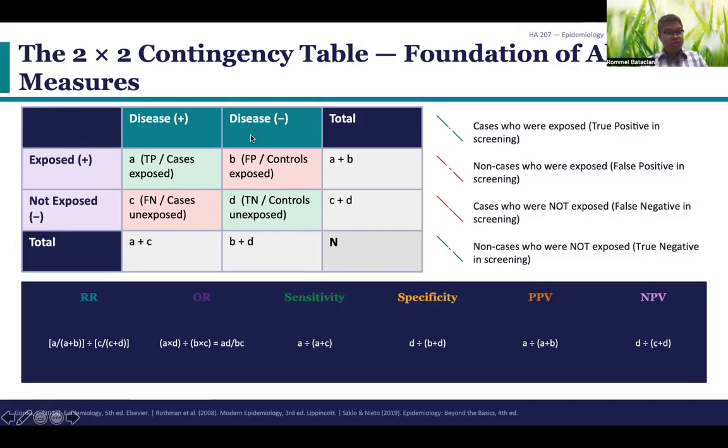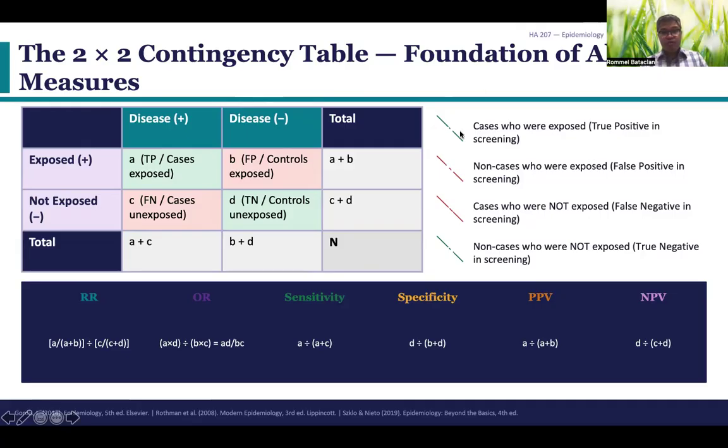Those who are exposed but don't have the disease would be the controls that are exposed. The third one is those who have the disease but were not exposed to that particular factor. In screening, this is the false negative. And the last one, the true negative, is those without the disease and not exposed to that particular factor.